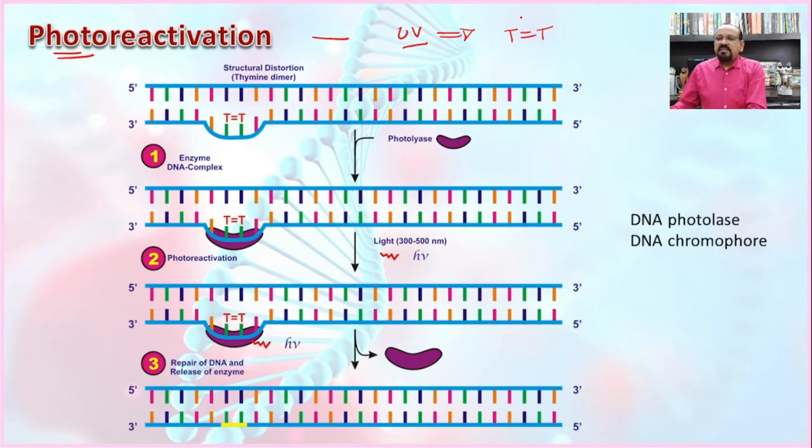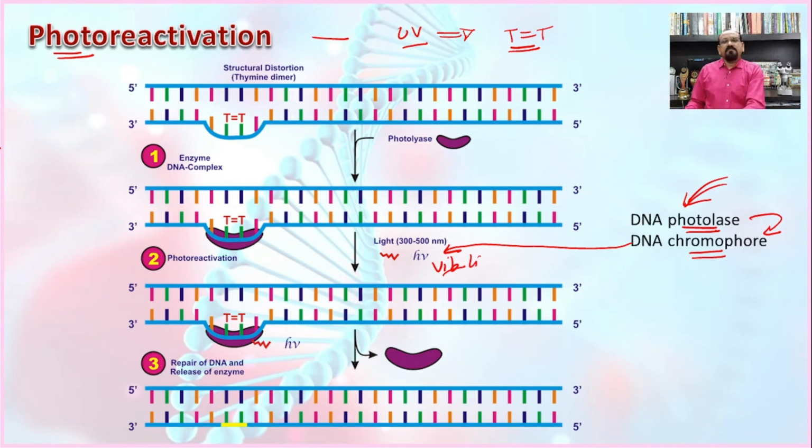When the thymine dimer is established, first the photolyase enzyme recognizes the thymine dimer formed during exposure to ultraviolet light. This photolyase works with another component, the DNA chromophore, which is responsible for absorption of visible light.